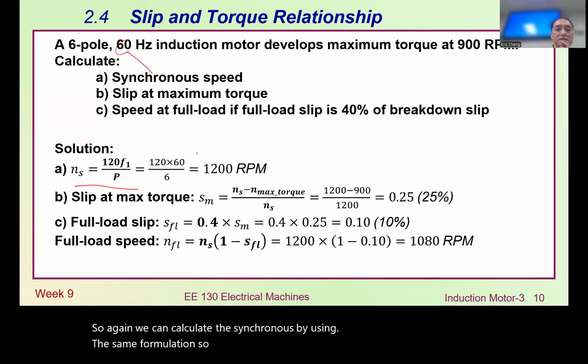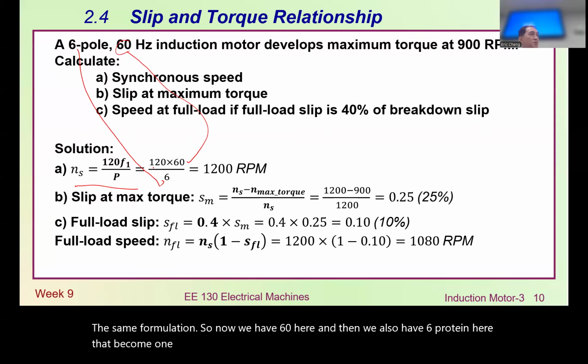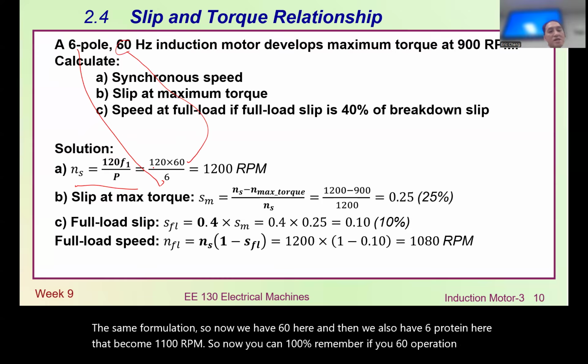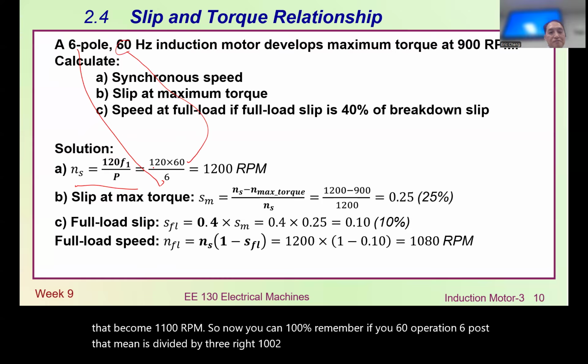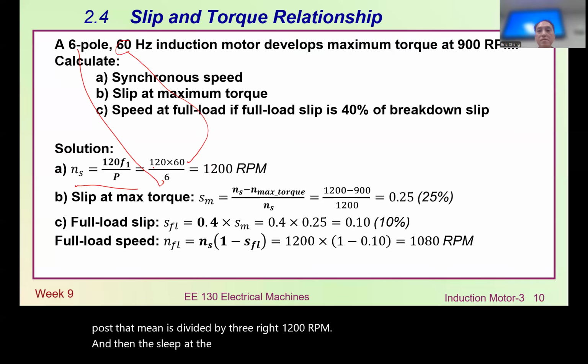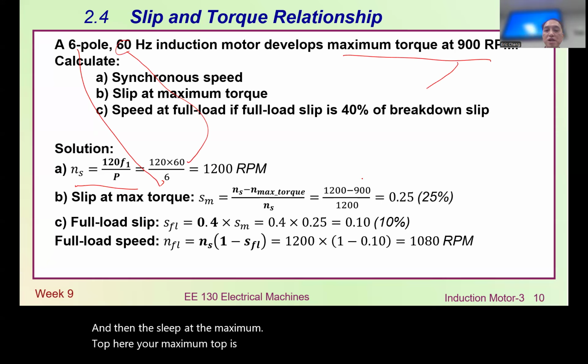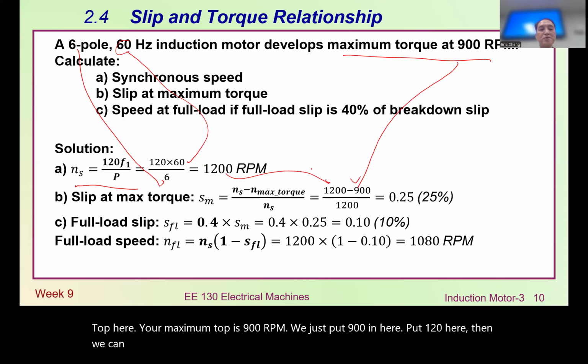We have 60 Hz and 6 poles, which becomes 1,200 RPM. You can remember that for 60 Hz operation with 6 poles, you divide by 3, giving 1,200 RPM. Then the slip at the maximum torque: the maximum torque is at 900 RPM, so we put 900 and 1,200 in, and we get 25%. So the maximum torque appears at a slip of 25%.